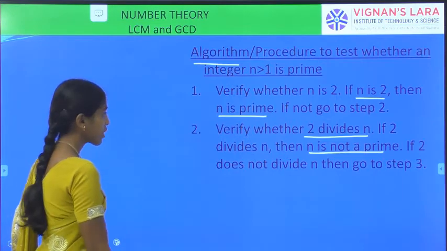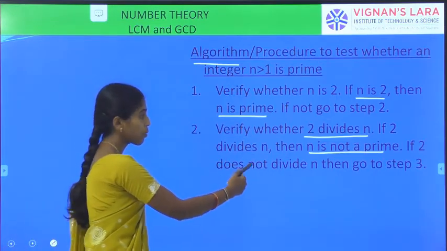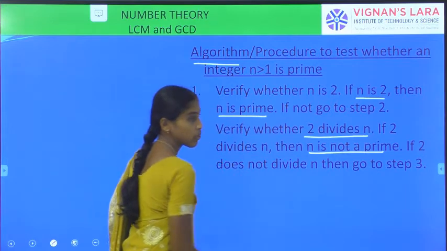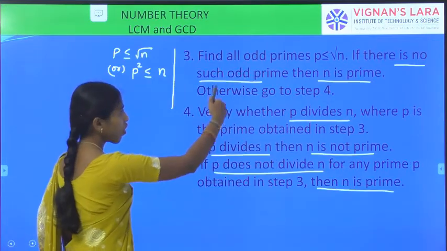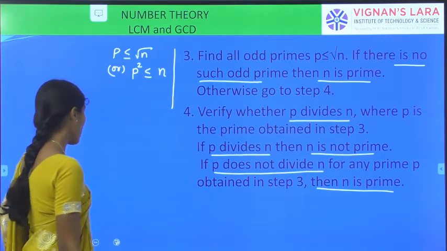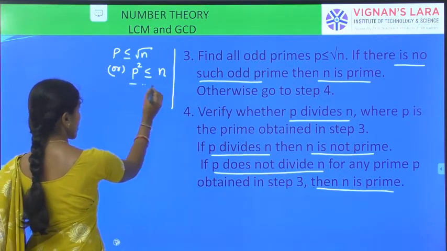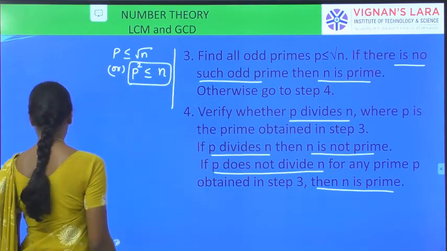If 2 does not divide n, then go to step 3. What is step 3? Find all odd primes p less than or equal to root n, which is the same as p square less than or equal to n.